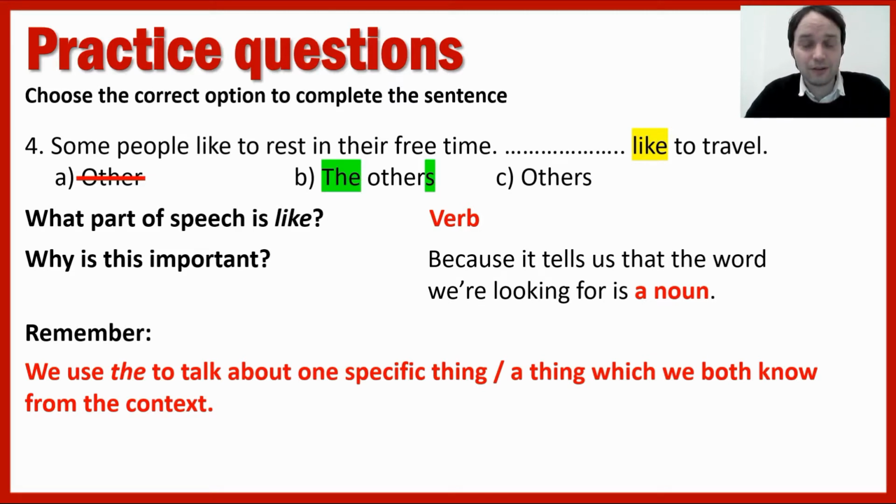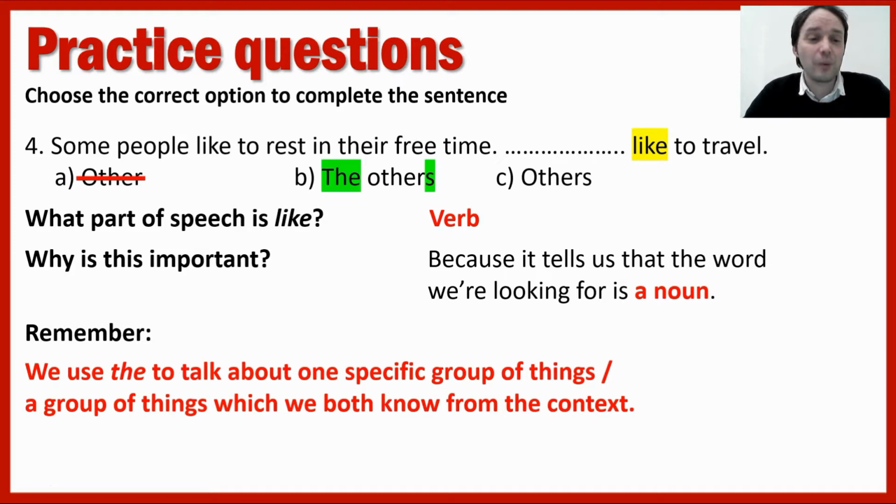Well, it's because even though there's an S there, we can also use the, in this case with others, it's grammatically correct, to talk about a group of things. Okay? So to be honest, the important thing here is even though it's many in a group, it's one group. So using the others is grammatically correct. But is it the answer we are looking for now? So now the only thing that we have to really think about again is the article, the.